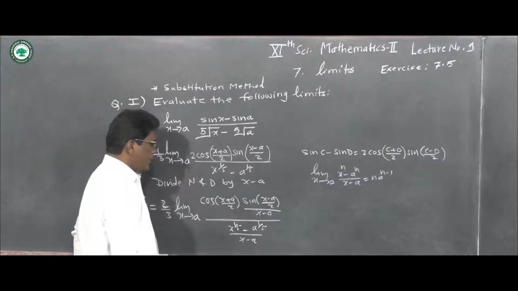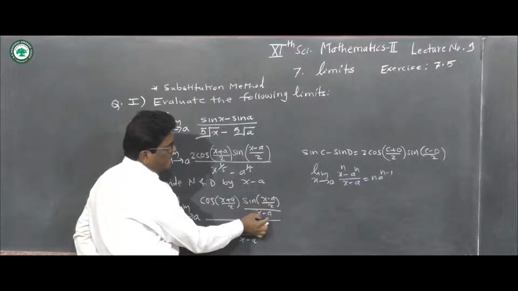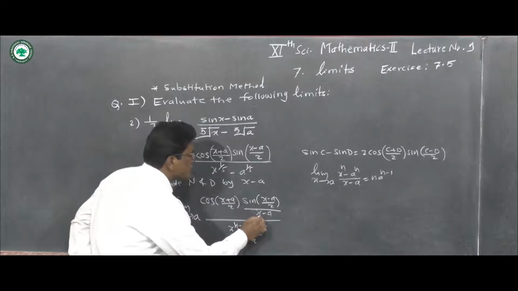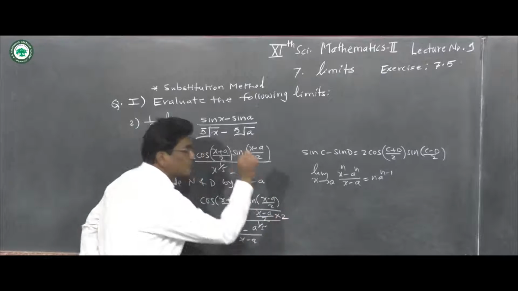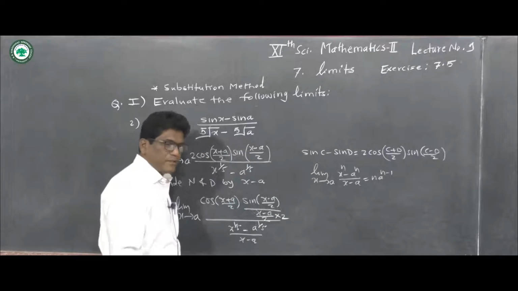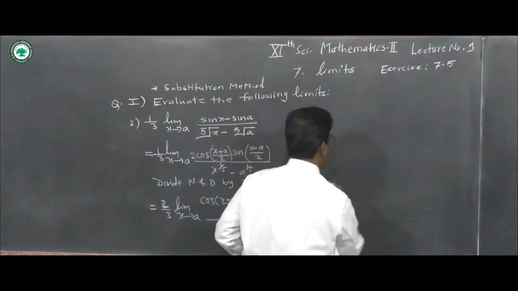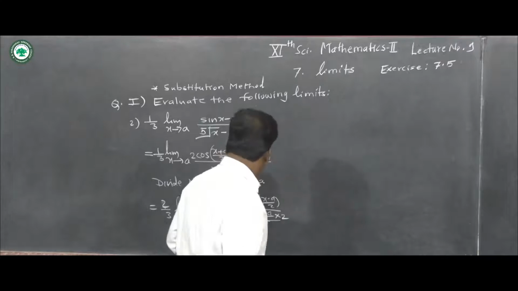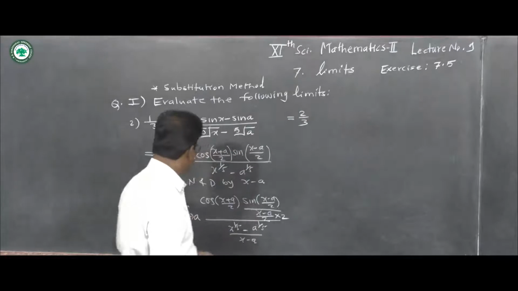Now here we have to adjust the standard formula, so we have to divide this by 2 and multiply by 2. So this is equal to 2 by 3.